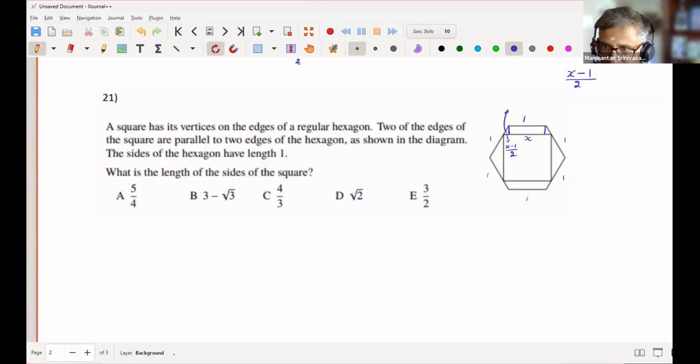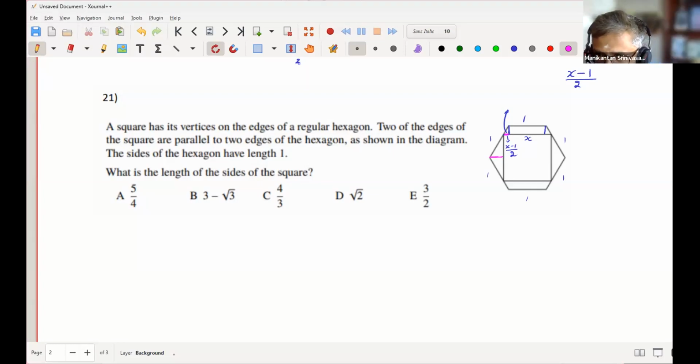The small portion is (x minus 1) by 2. All of you with me so far? Ananya, do you agree that this small portion here is (x minus 1) by 2? Yes, sir. All of you okay? Drishit, you're okay? Okay.